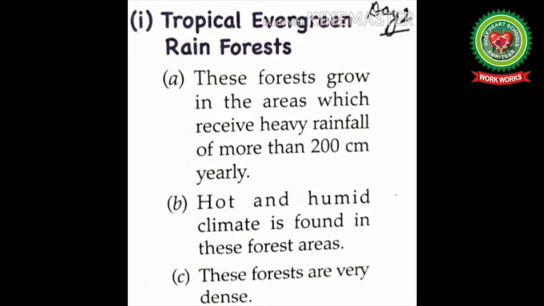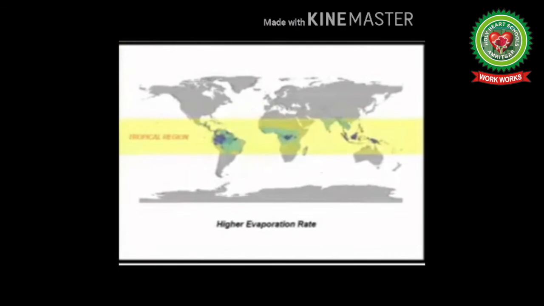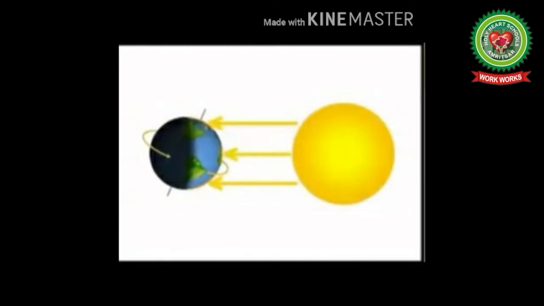Hot and humid climate is found in these forest areas. These forests are very dense. The evergreen rainforests are found mostly in areas where the evaporation rate is very high due to the direct insolation received from the sun, and moreover the water cycle process is very quick over there.